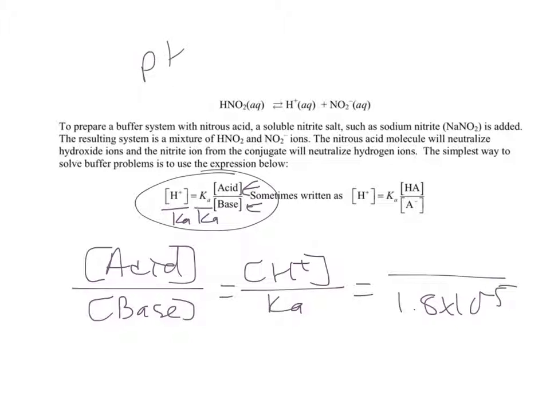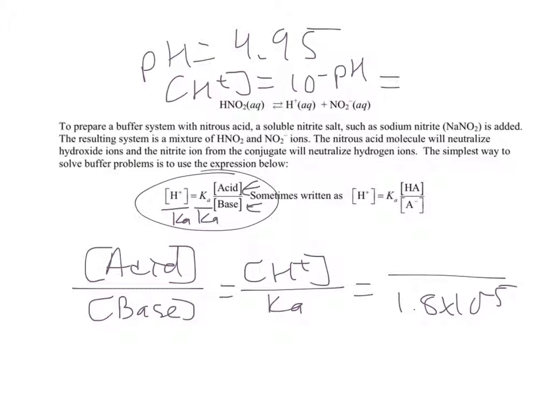If my pH is 4.95, then my hydrogen ion concentration is 10 to the negative pH, and when I did that for 4.95, I got 1.12 times 10 to the negative 5. Okay, and that is molar.